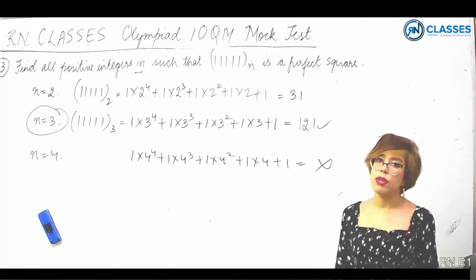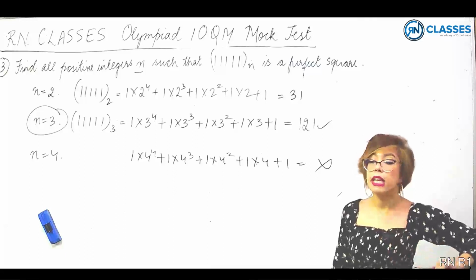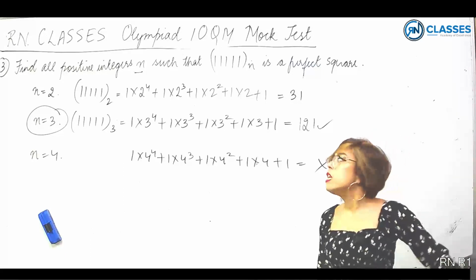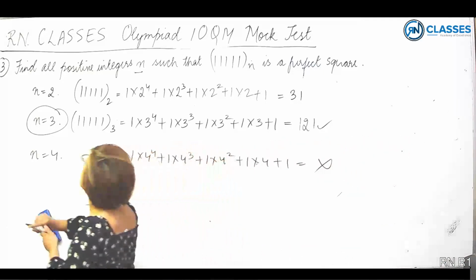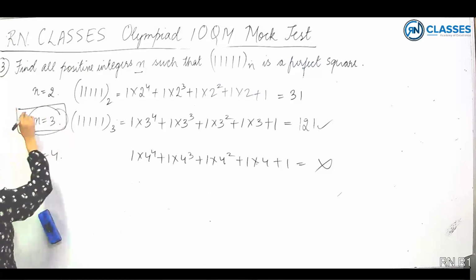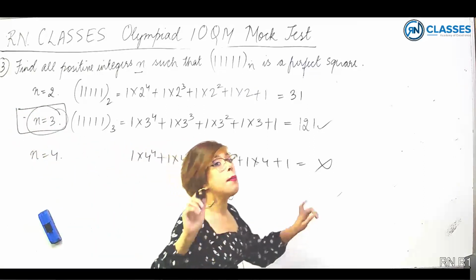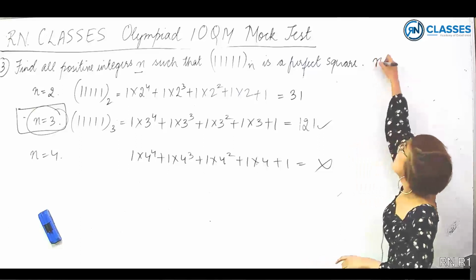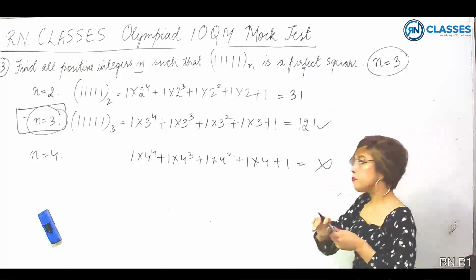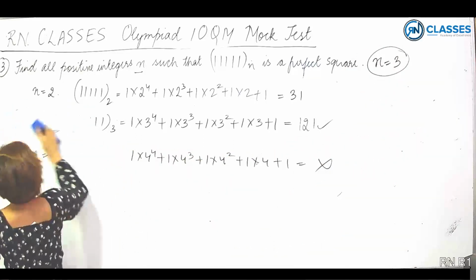But obviously for that you need infinite time, which is a very problematic thing in itself. Right? So that means by hit and trial, you found one appropriate answer and you will get credit for it, but your solution is incomplete. So we need to proceed further. Right? Okay.